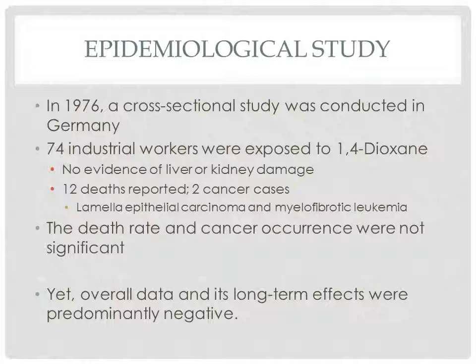Along with that, the death rate and cancer occurrence were not significant, especially since the study size was so small. However, the overall data and long-term effects were predominantly negative, so it indicates a potential of 1,4-dioxane causing cancers and negative clinical symptoms in human bodies.